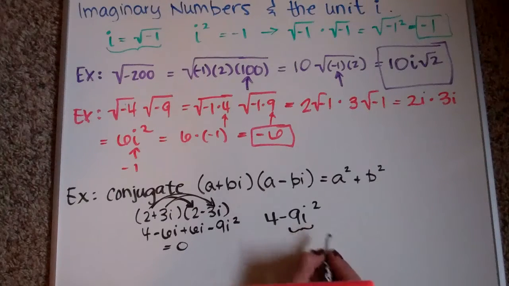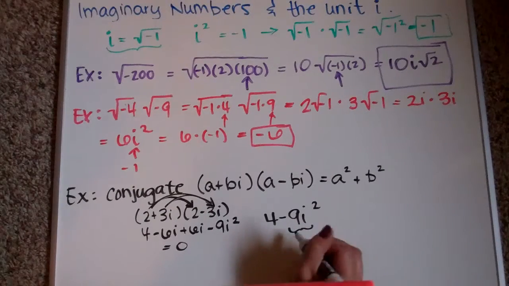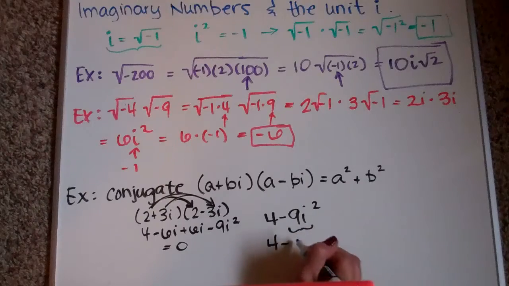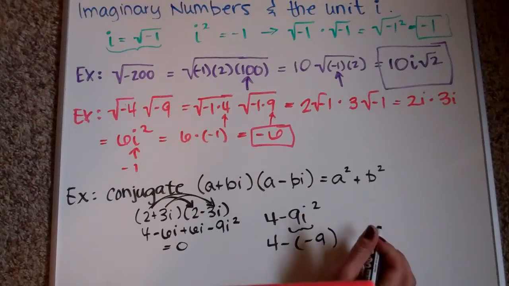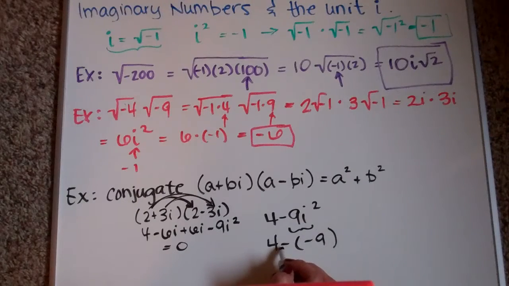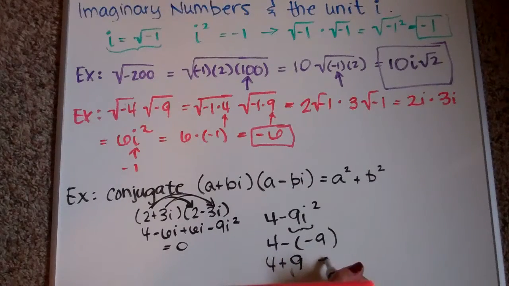So this 9i squared is going to equal a negative 9, so we have 4 minus a negative 9. This is a double negative giving us a positive, so we have 4 plus 9, and that equals 13. So, ta-da, we have an answer.